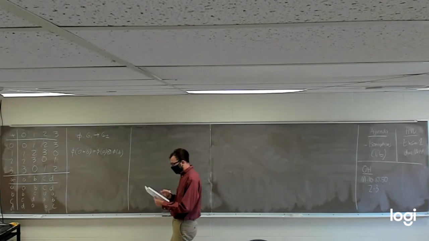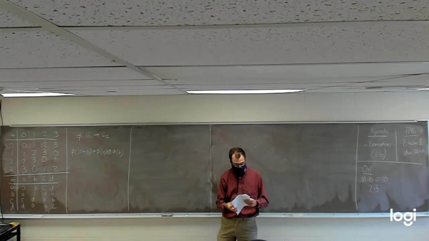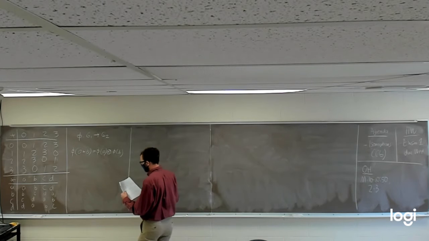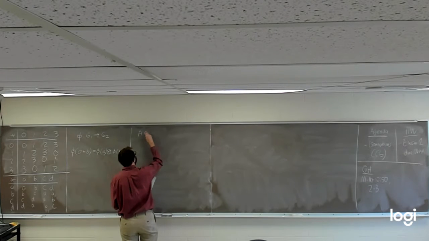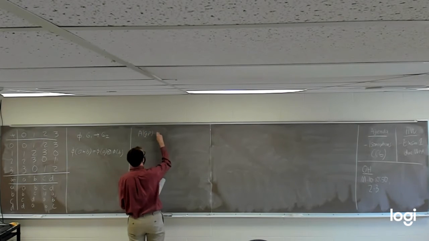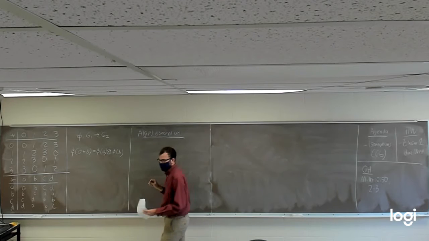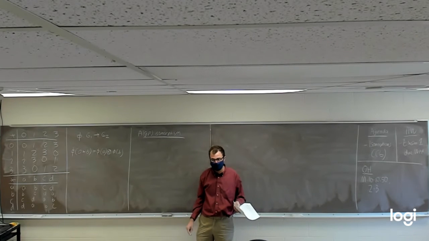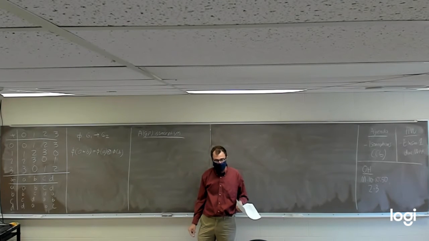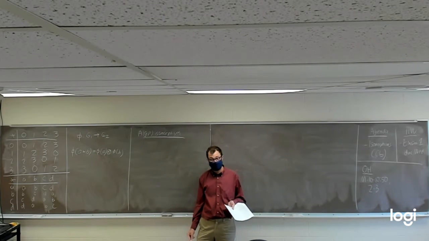So I'm going to be on the second to last page of the packet, which says a group isomorphism at the top. I've been specifying group homomorphism and group isomorphism in the definitions because there are other types of homomorphisms and isomorphisms, which we'll see towards the end of the semester.